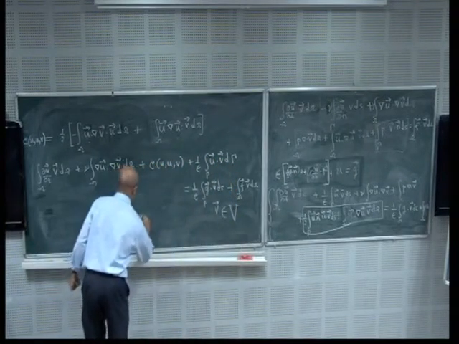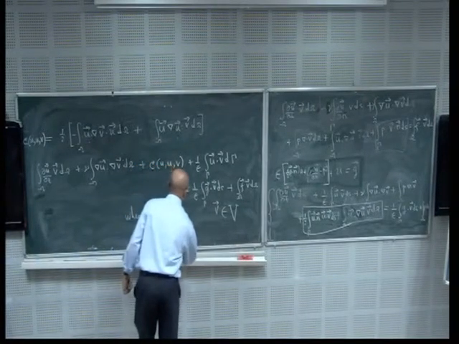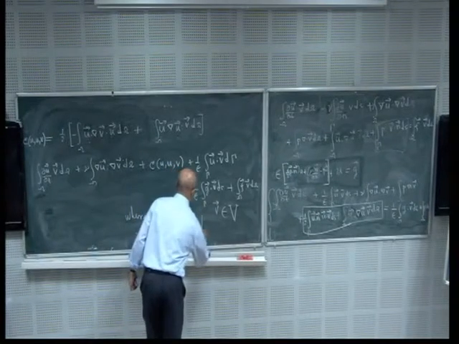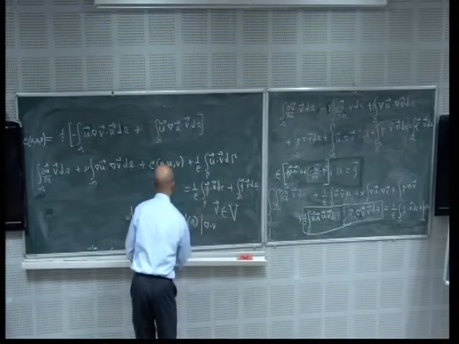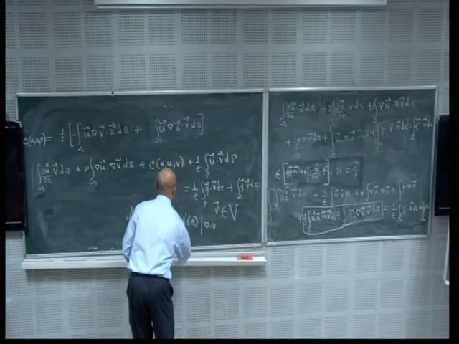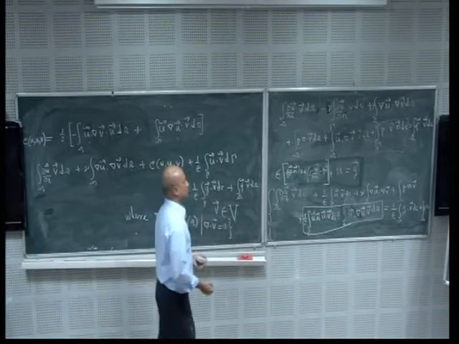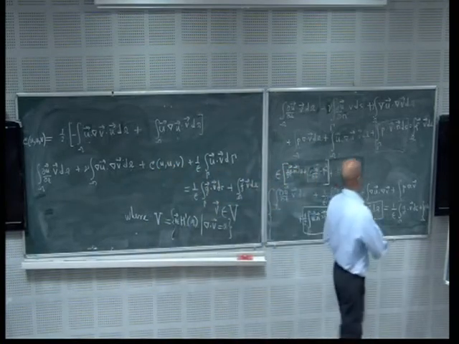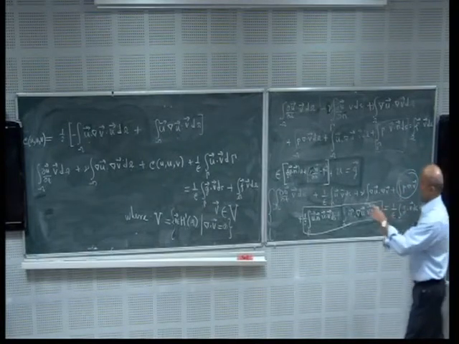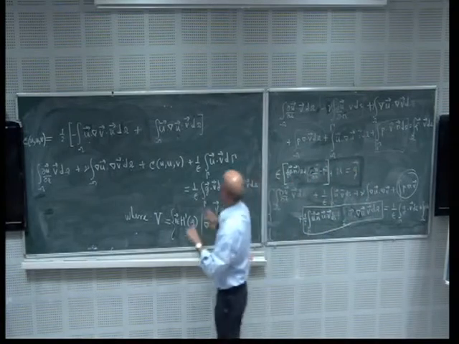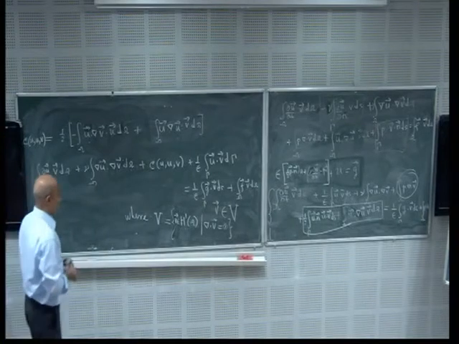My V is also slightly different. V is a divergence-free subspace of H1. Since I'm taking V to be divergence free, this term also drops out, so I don't have to keep this term. That's why you don't see this term there. And C is that. So this is my weak form.